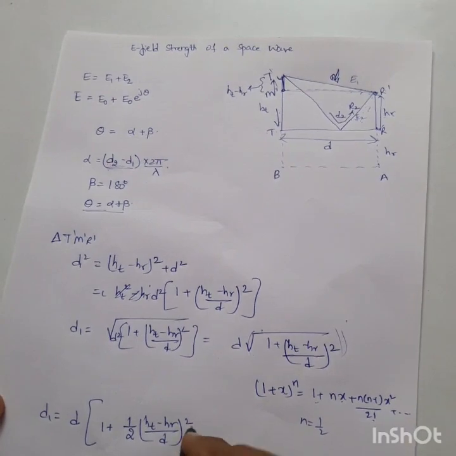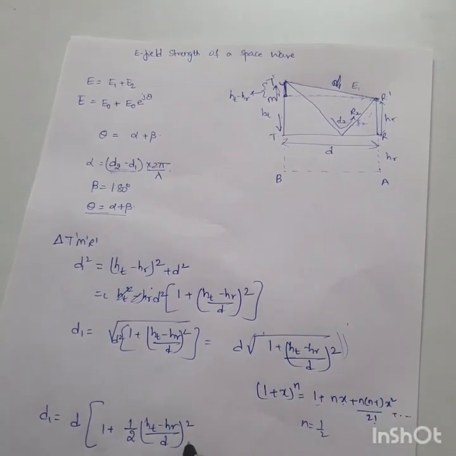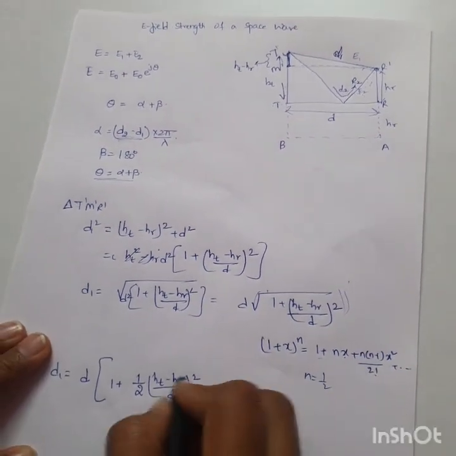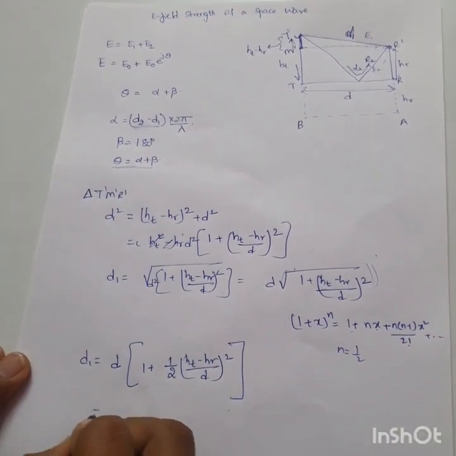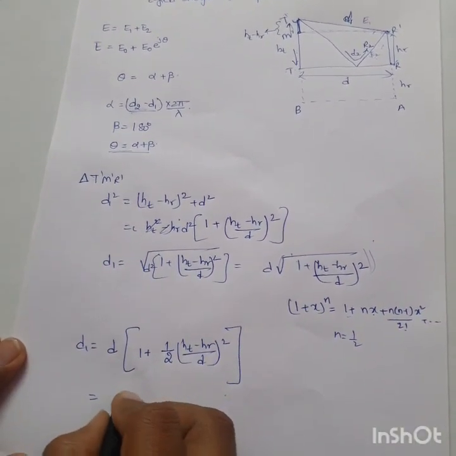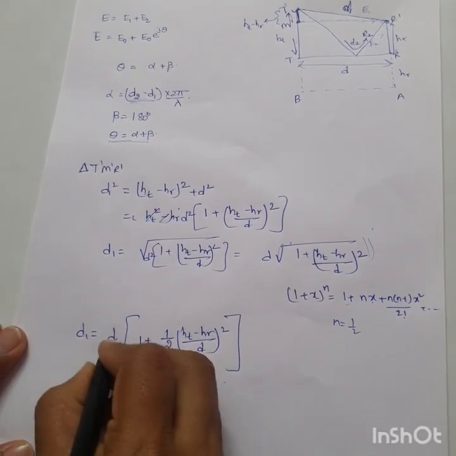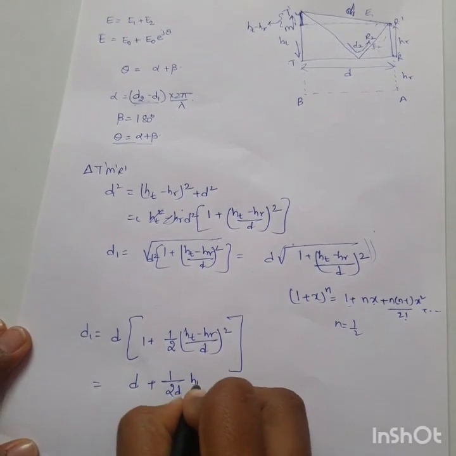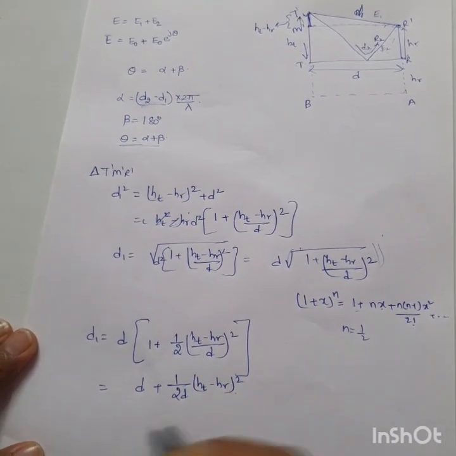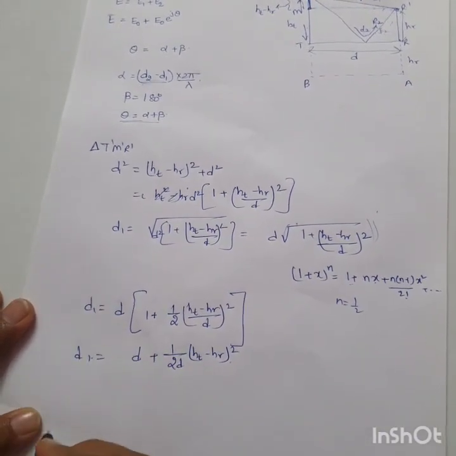We are approximating only up to 2 terms. So D1 is D into 1 plus x to the power 1 by 2, which becomes D plus 1 by 2D into HT minus HR whole square. So this is D1.